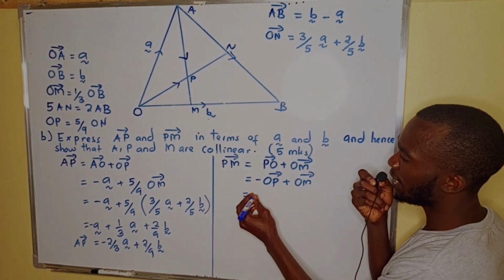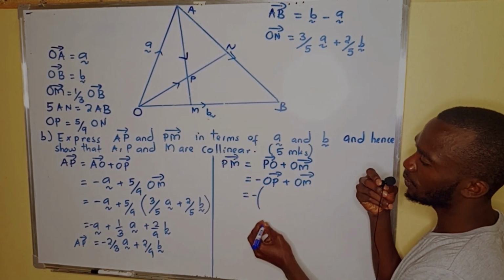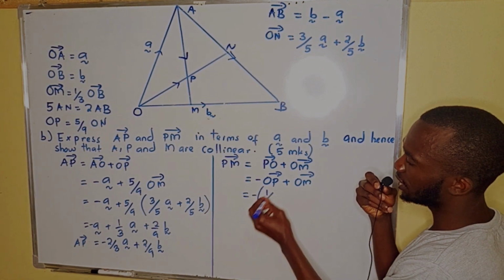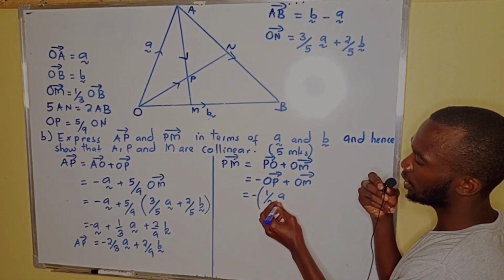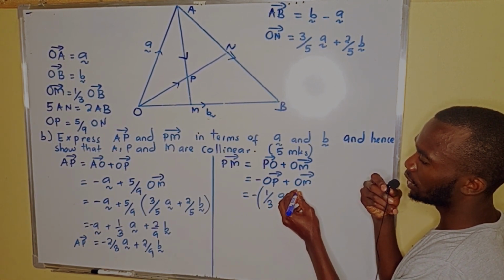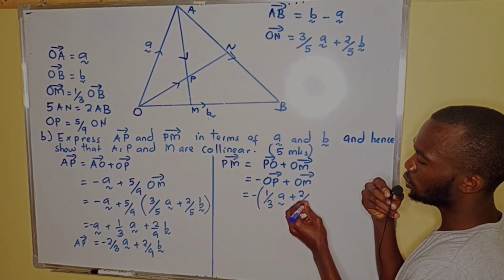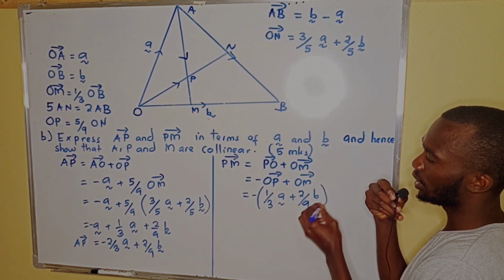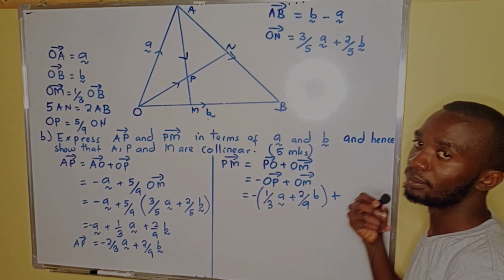So it will be minus of, in bracket, a third A plus 2 over 9 B, plus OM.